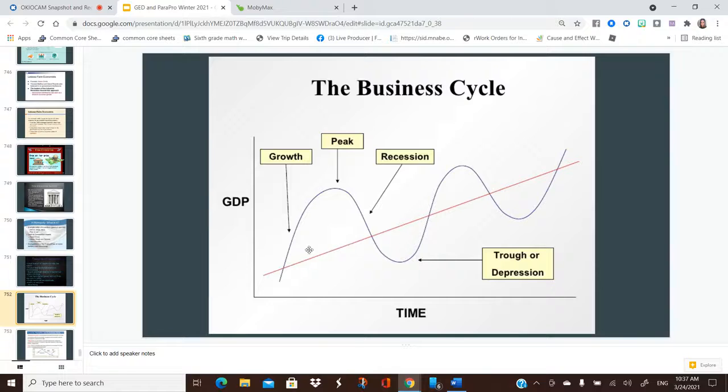It means even though we go up and down all the time in the economy, if you look at it as a whole, we are going up, just maybe not as fast as some of these growth cycles look, but we're not trending down. We are trending up. We are growing, we are making more money, we are producing more things, but there is going to be this up and down cycle.